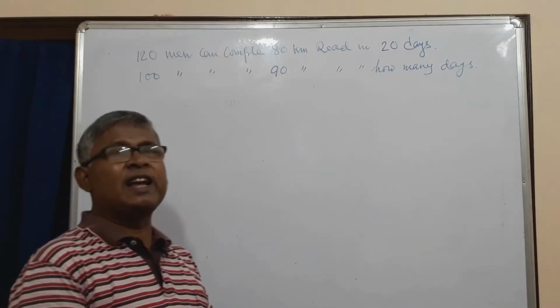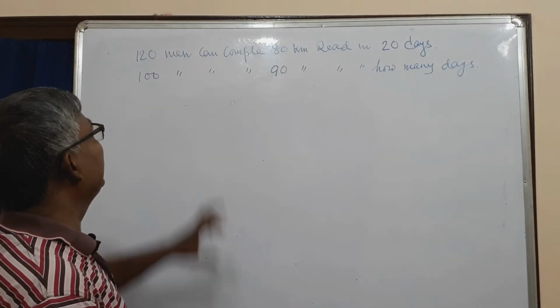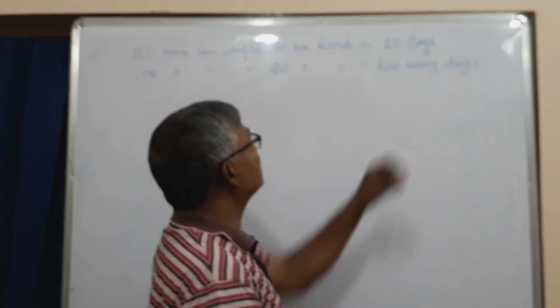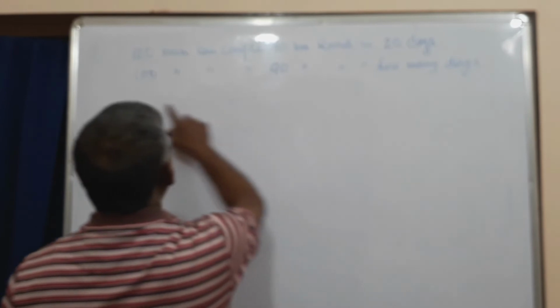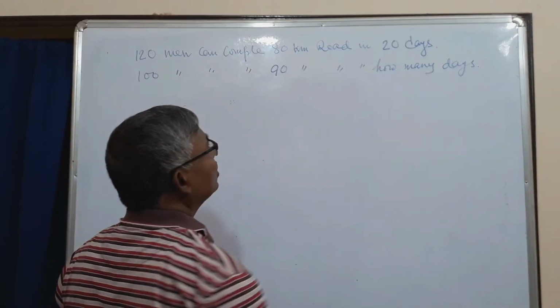Now let us see another problem. Suppose 120 men can complete an 80-kilometer road in 20 days. Now we have to find out in how many days 100 men can complete a 90-kilometer road.